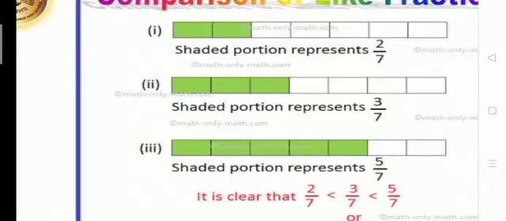In the third strip, the fraction of the shaded portion is 5 by 7, where 7 is the number of total parts and 5 is the number of shaded parts. We got three fractions: 2 by 7, 3 by 7 and 5 by 7. All the three fractions are having the same denominator, that is 7.